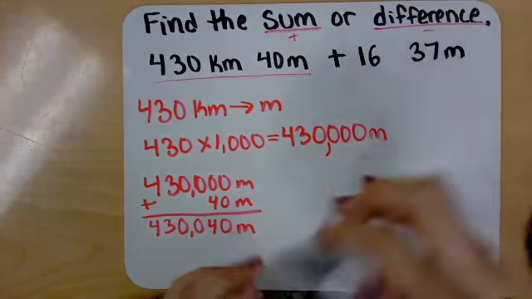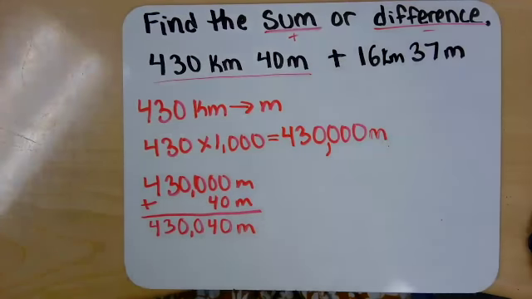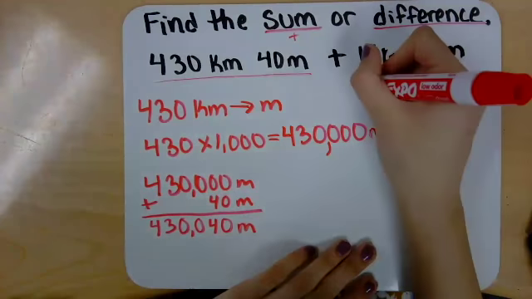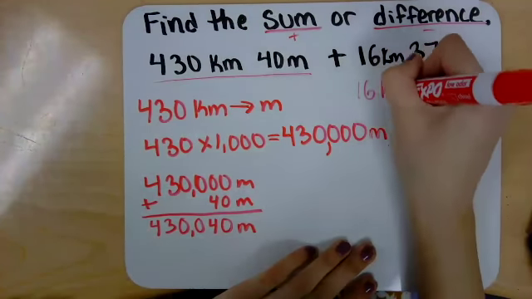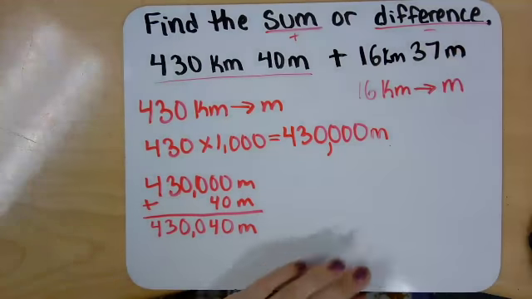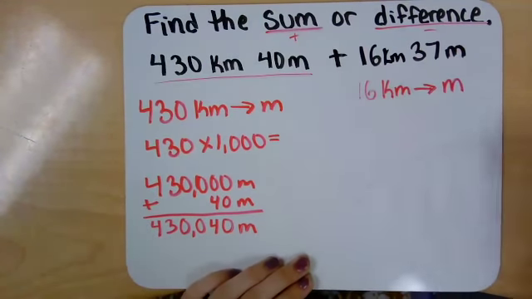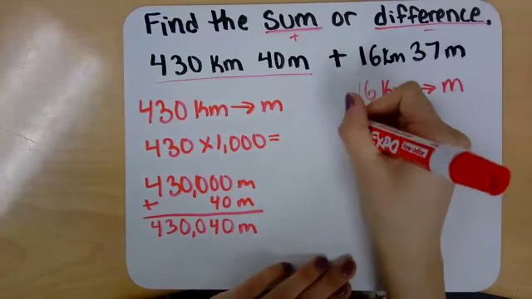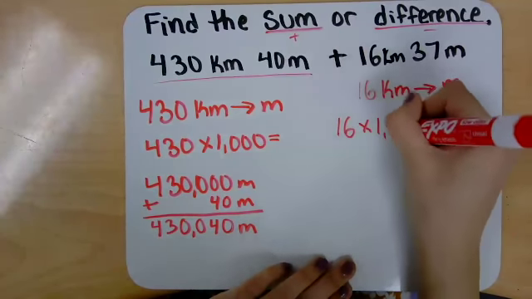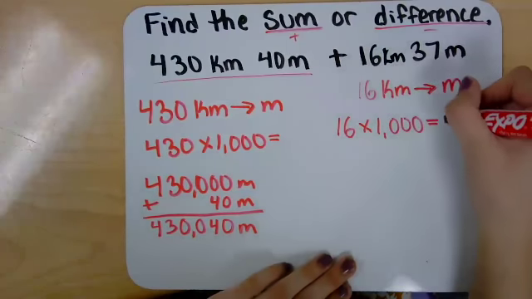And this one should be kilometers. Okay, so our first step is to change 16 kilometers to meters. All right, 16 kilometers. Change it to meters. So again, we'll move this over. Again, we can multiply 16 by 1,000 to find out how many meters that is.